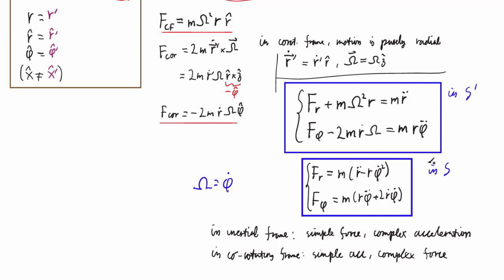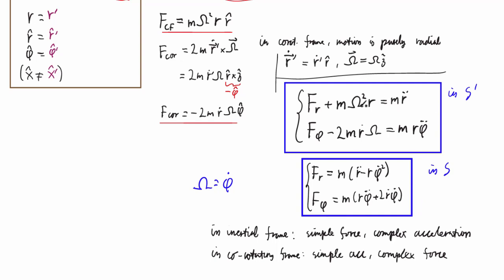And it's really just a question of convenience which one you use. If you're on Earth and rotating with your frame, then it's probably easier to use the co-rotating formulation. Otherwise, you might use this one. But it amounts to the same thing.